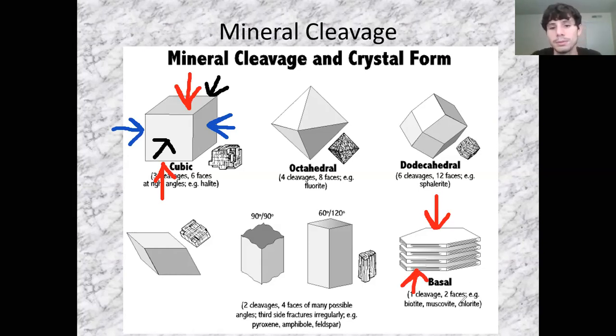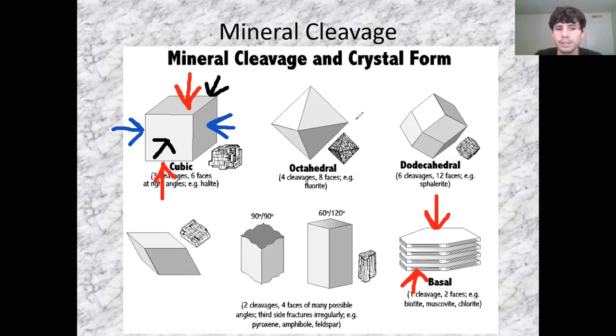As opposed to, say, this cube, it's got 3 cleavage planes that are created by 6 faces. And then it can get more complicated from there. If you look at this octahedral one, you could have 8 faces, which means you would have 4 planes of cleavage, and so on with the dodecahedral.